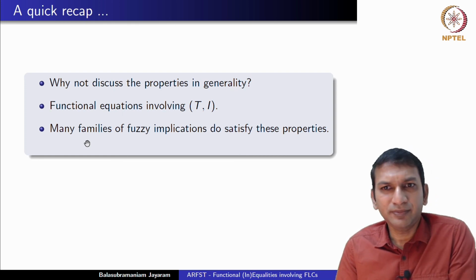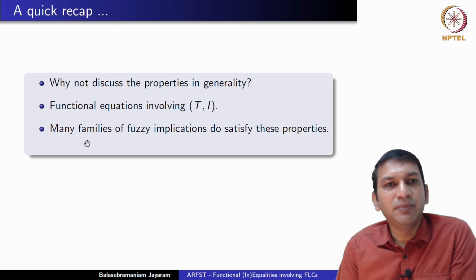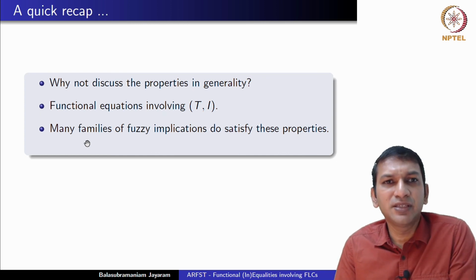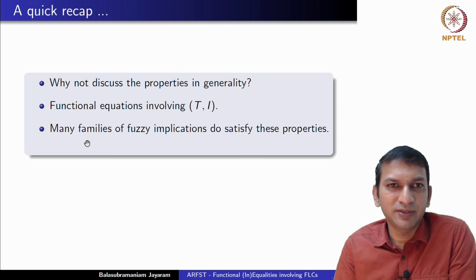That's what we have seen in this lecture, at least with respect to a couple of functional equations that we have discussed. And our choice of choosing these two equations was also clear because they play a huge role in many of the properties that we have seen. Not only that, it can also be shown that these two properties lead to making our inferences computationally more efficient.